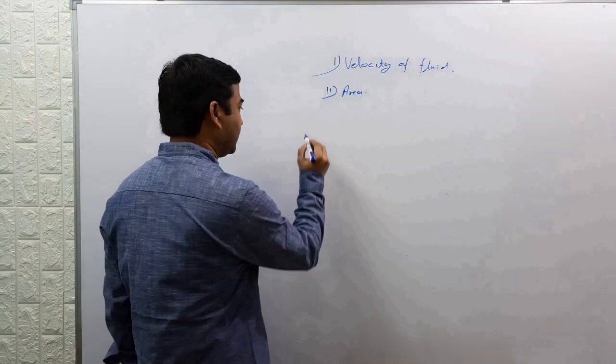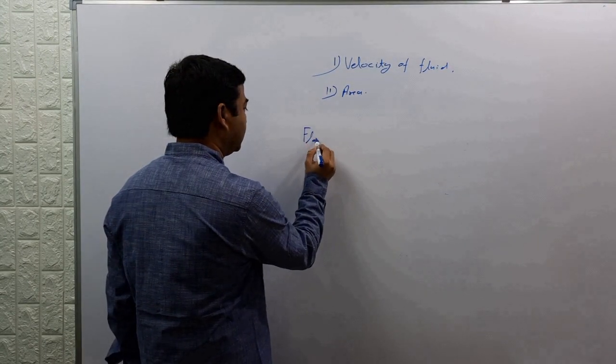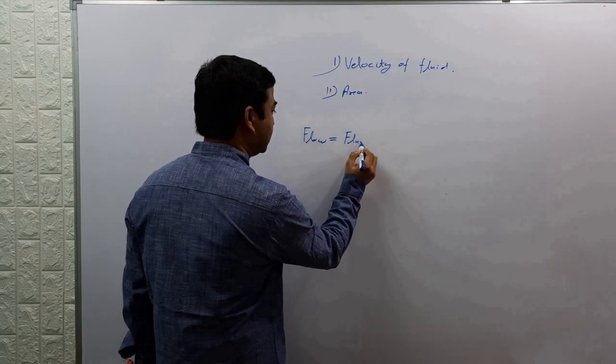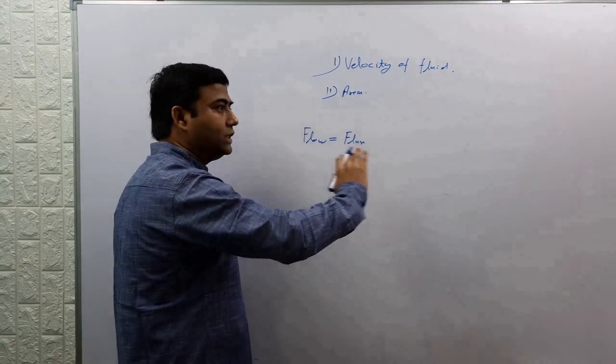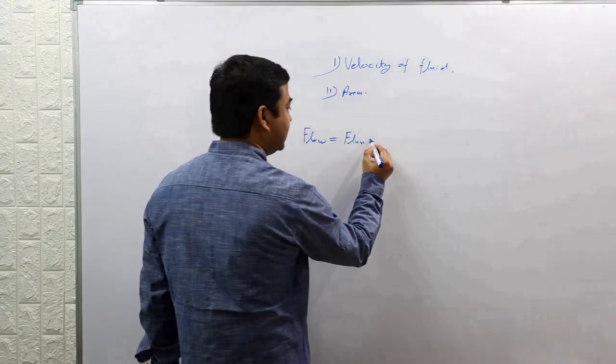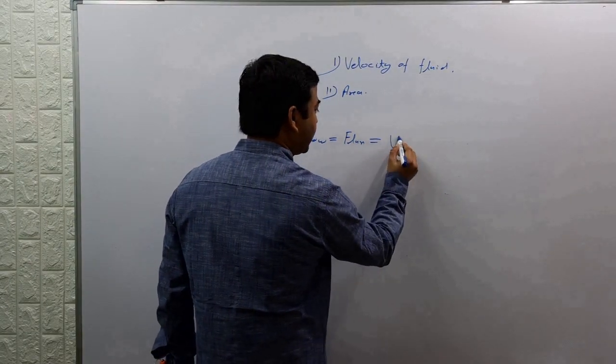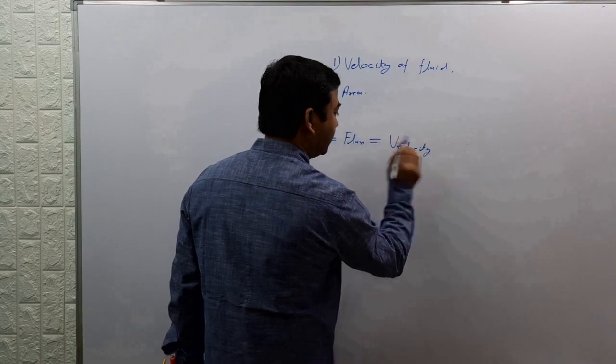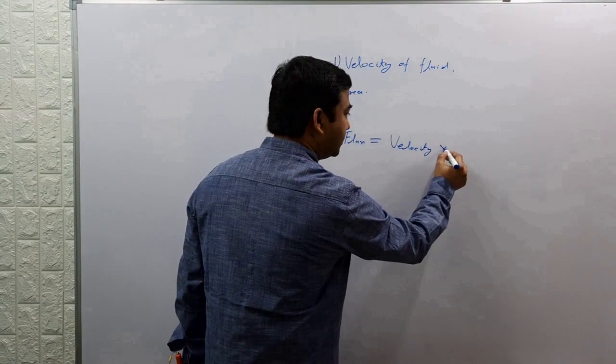So flow equals flux. Flux of flowing fluid through an area is equal to velocity of fluid into area.